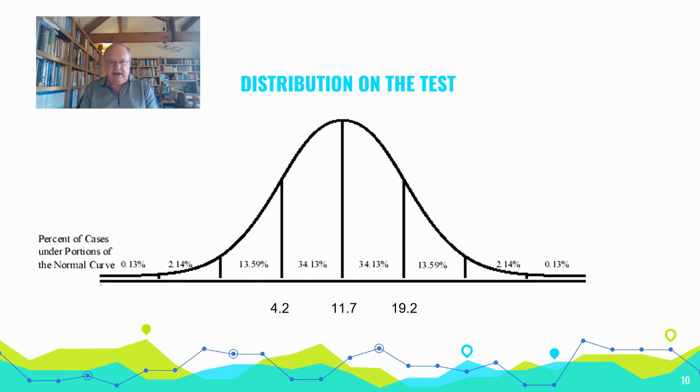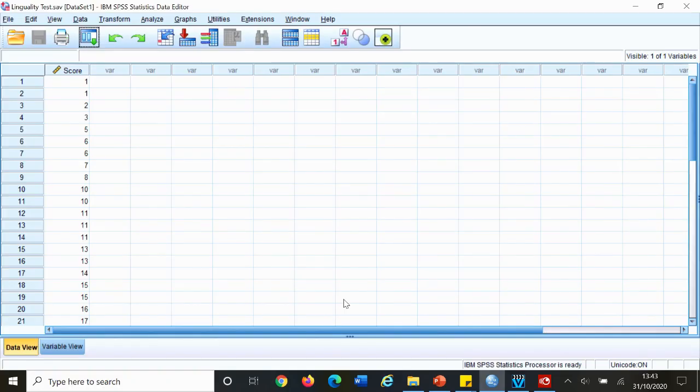Now, what I'm going to do next is to show you how that works on a computer program. Okay, here is the test, and this is the data view of SPSS, which, as I said, if you go to the university's IT Services website, or Google it, University of Leicester download SPSS, you'll be able to find it.